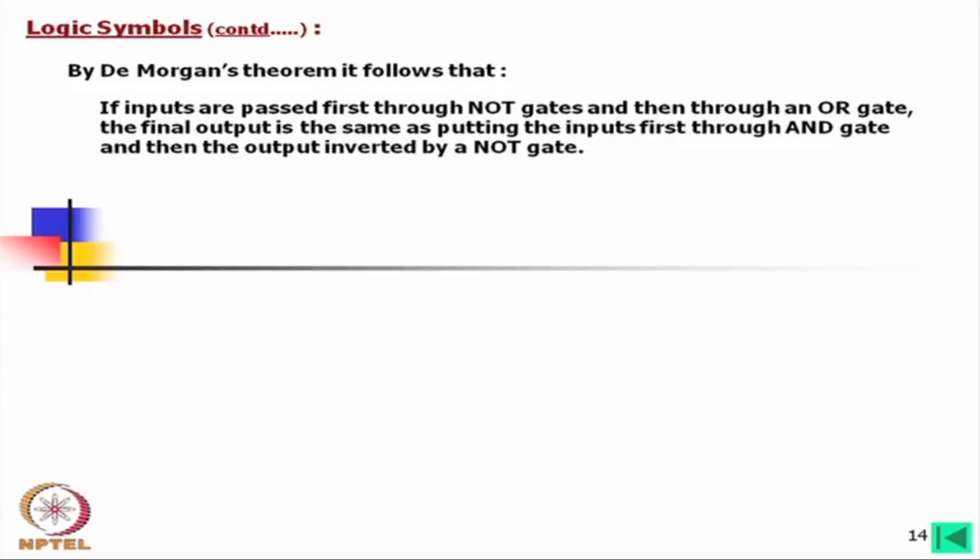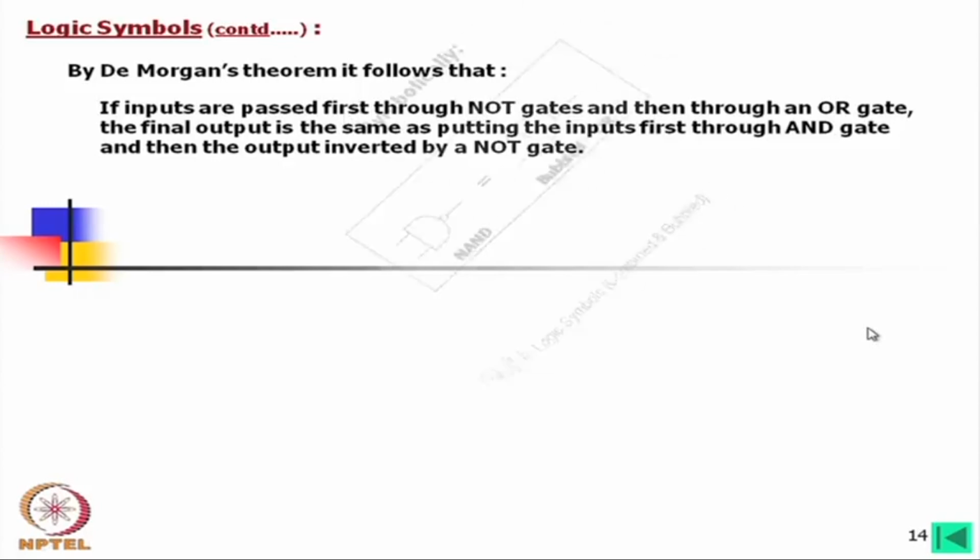Look at this. Earlier I told that if we put NOT and OR, we will not get NOR. To get a NOR, OR and then NOT. But if you put NOT and then OR, what will you actually get? You will get first AND and then NOT. This means that you may think of NAND. You are getting NOT OR equal to NAND.